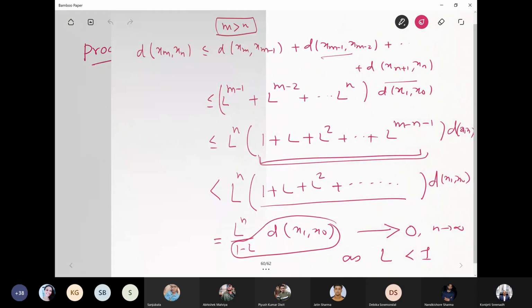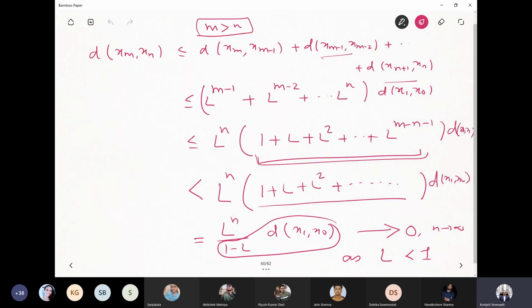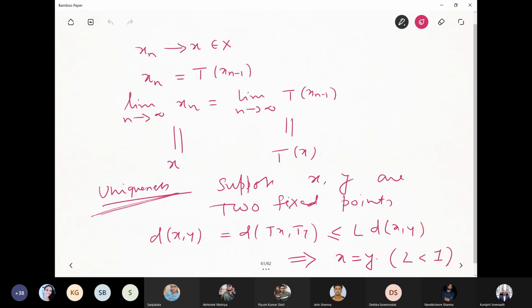So somehow if I can ensure that x_n has one subsequence which converges, then I can possibly remove the idea of contraction. But how to ensure that there is at least one subsequence which converges? I will discuss this later, because we are relaxing quite a bit: we don't require the entire sequence to converge, only a subsequence, to get the fixed point. That is enough.